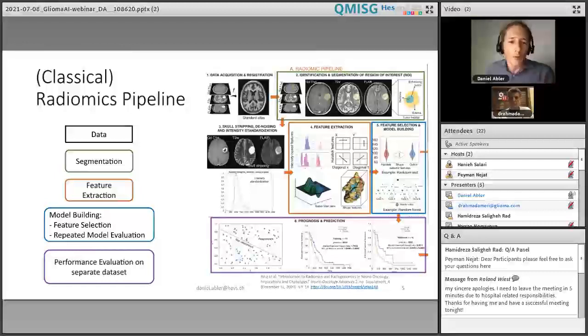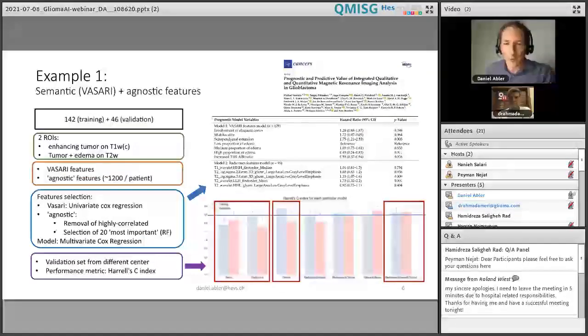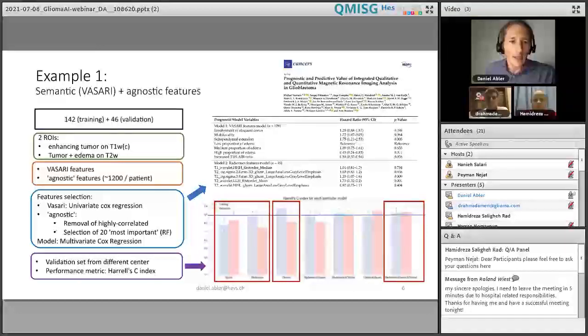Now I would like to show you two examples of prognostic modeling studies that follow this scheme, and to give you an impression of what exists and how those studies are typically built. This is one study from the Netherlands.